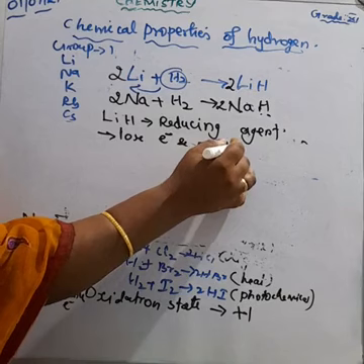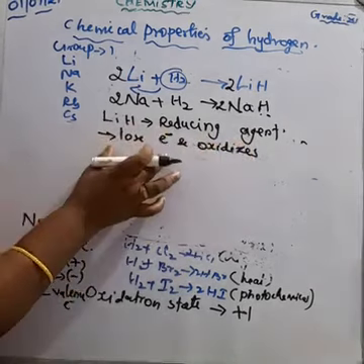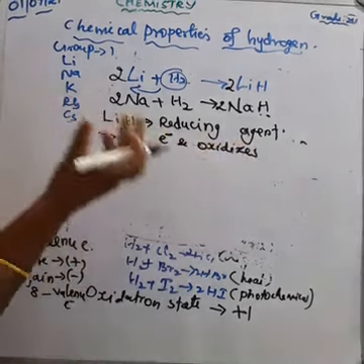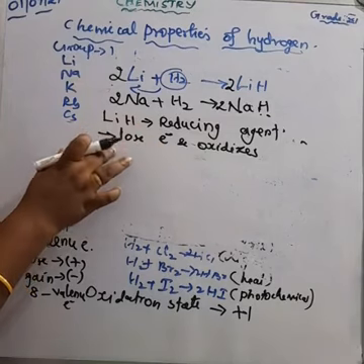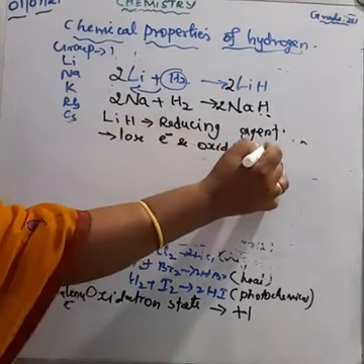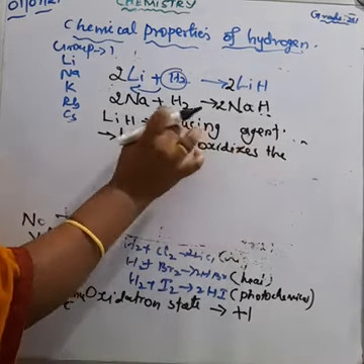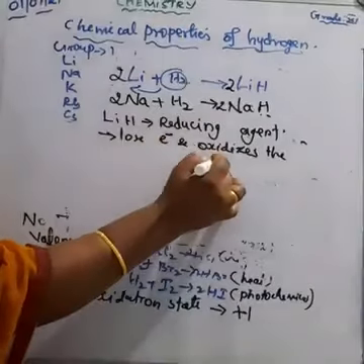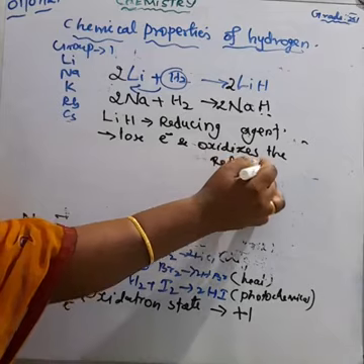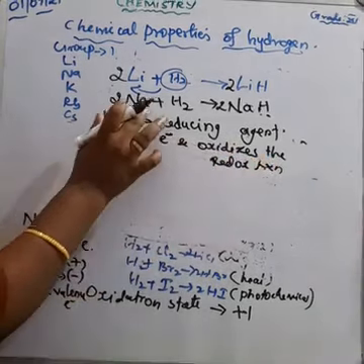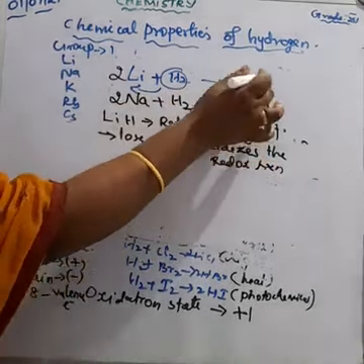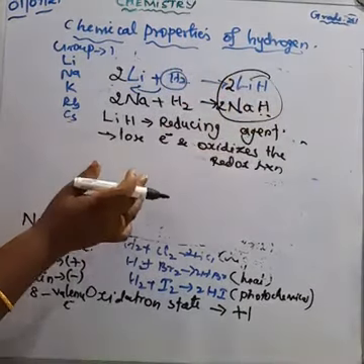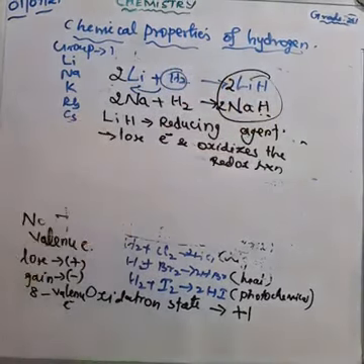The reducing agent means it can lose electrons to the electron recipient atom. That element or compound we call the reducing agent. Here lithium hydride and sodium hydride can lose electrons to other compounds or elements, so they are called the reducing agent.